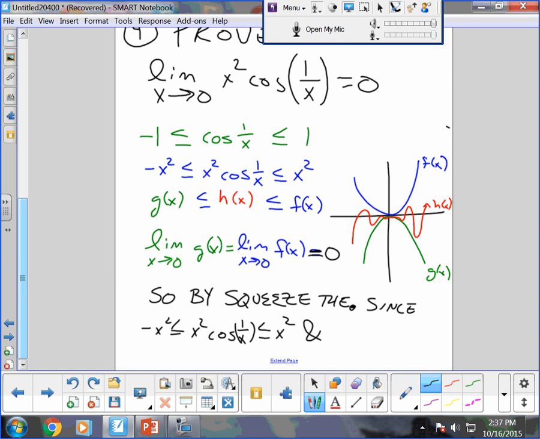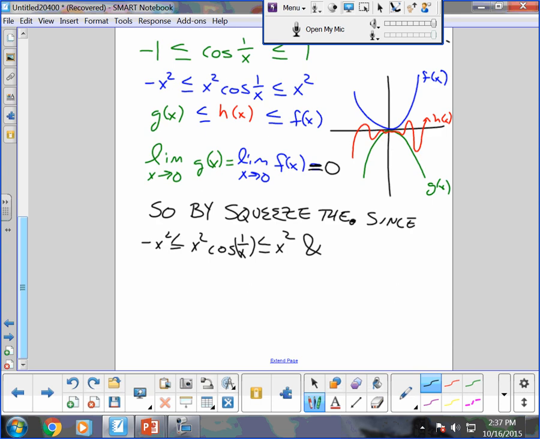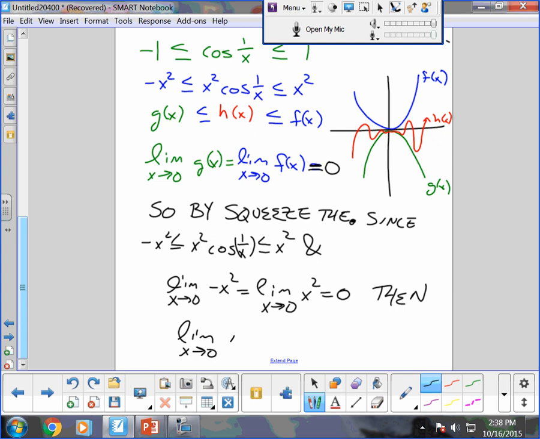And, this is the big one, the limit as x approaches 0 of negative x squared is equal to the limit as x approaches 0 of x squared equals 0, then the limit as x approaches 0 of what? Of my stuff in between is equal to 0.